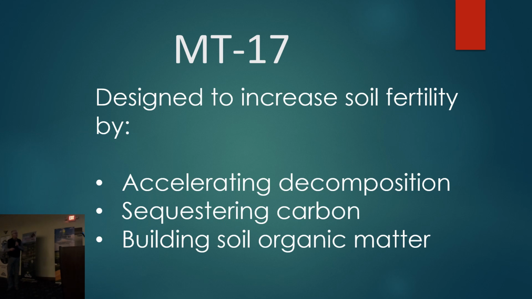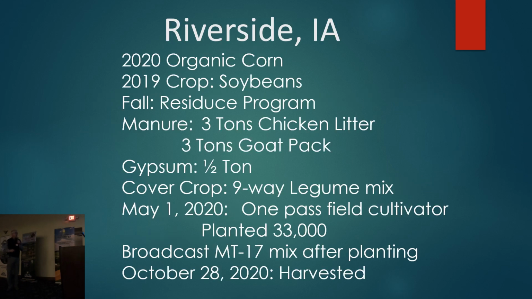So here's an example of a grower from Riverside, Iowa, close to Iowa City in 2020. In 2019, he had organic soybeans. He put on residues that fall along with 3 tons of chicken litter, 3 tons of goat pack.